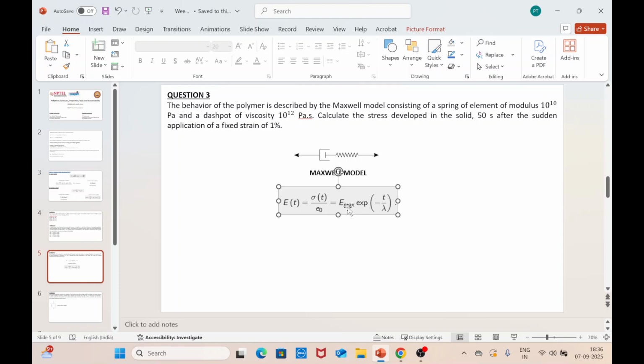So first, if you see this equation, here we are supposed to calculate the value of lambda. That is nothing but your relaxation time. So what is the formula for lambda?